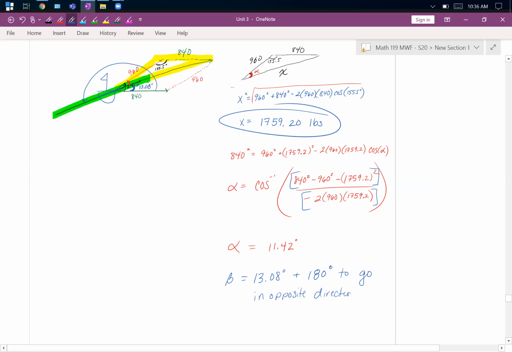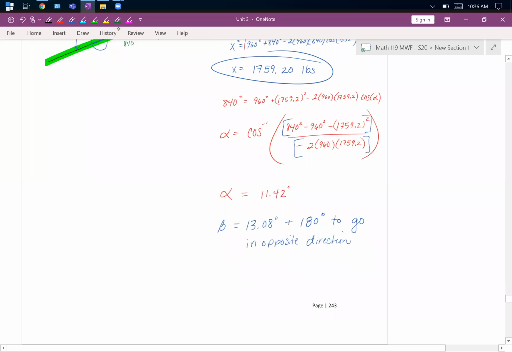So our direction angle, which I'll call theta, for our equilibrium vector is going to be 193.08 degrees.